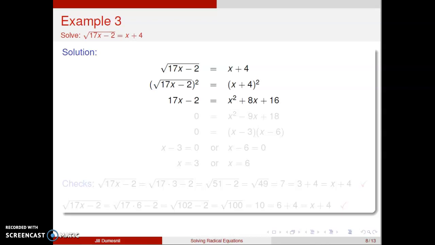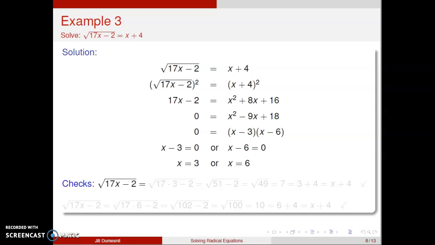Now we have a quadratic equation to solve. We put the quadratic in standard form and factor to get a product equaling 0. Thus, one of the factors must equal 0, so x equals 3 or x equals 6.